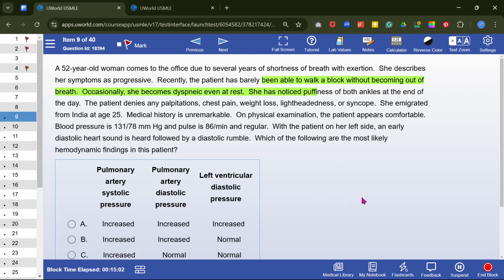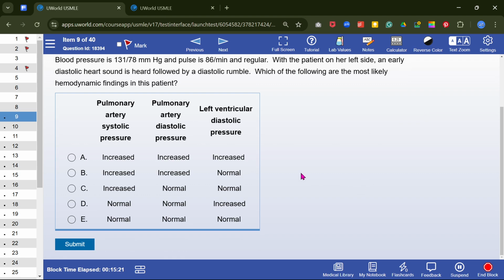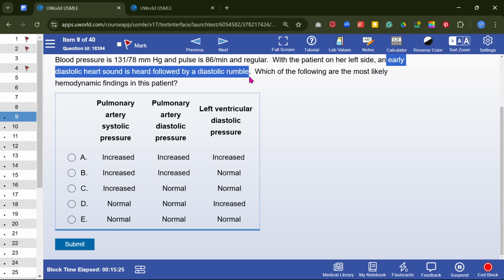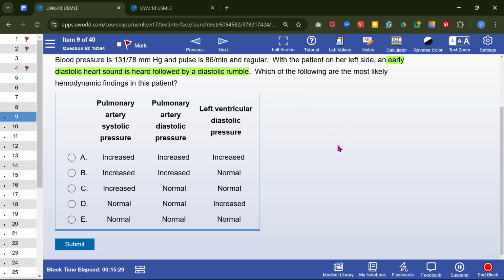Is early diastolic murmur AR and PR? Mitral stenosis typically is a mid diastolic murmur. Early diastolic heart sound, okay.